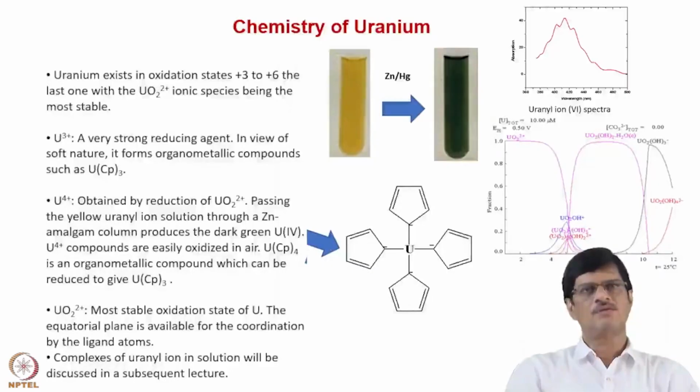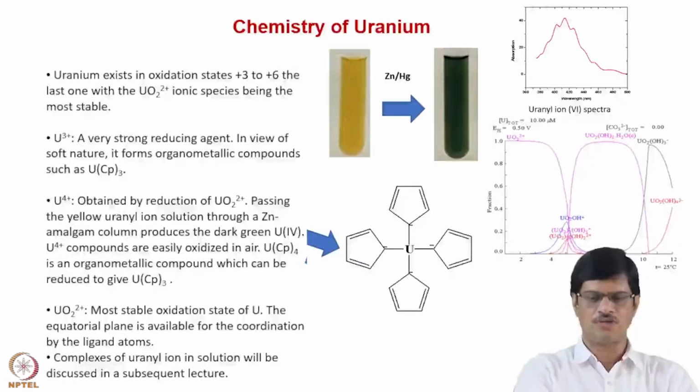Uranium 4+ is obtained by reducing uranium in the +6 oxidation state, that is the uranyl ion, by passing this yellow uranyl ion solution through a zinc amalgam column, and it produces the dark green uranium 4+ as shown here.